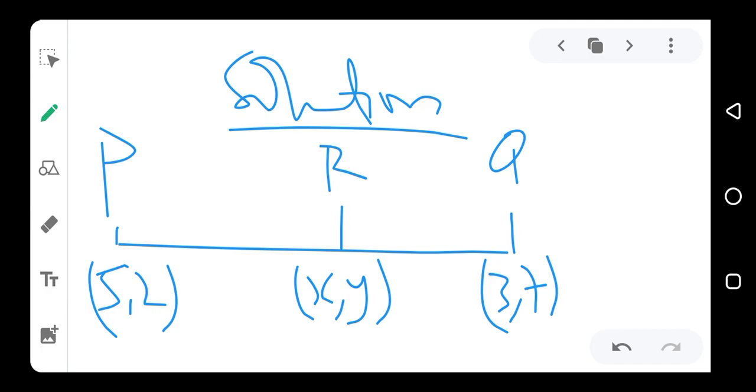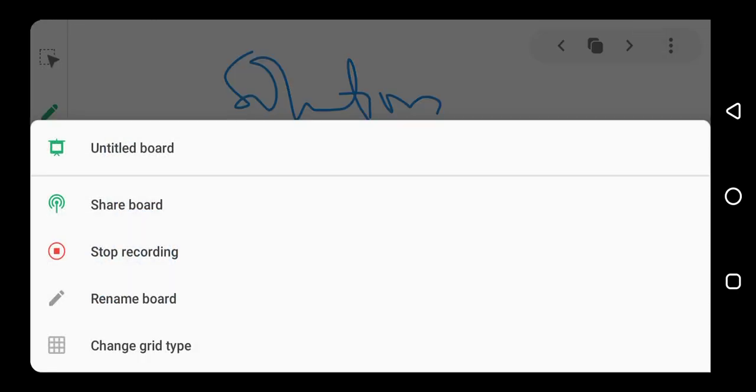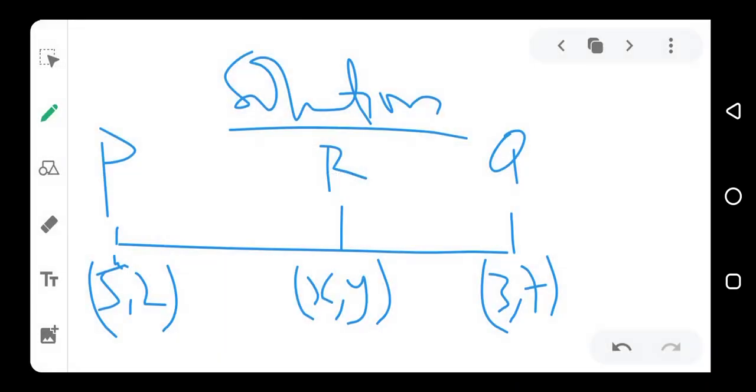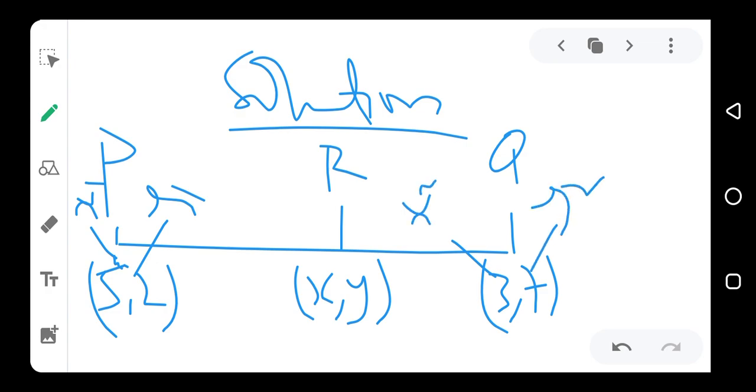This is the first x, this is x1, and this is y1, this is x2, and this is y2.